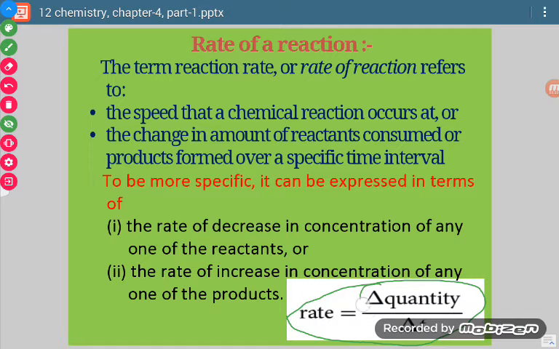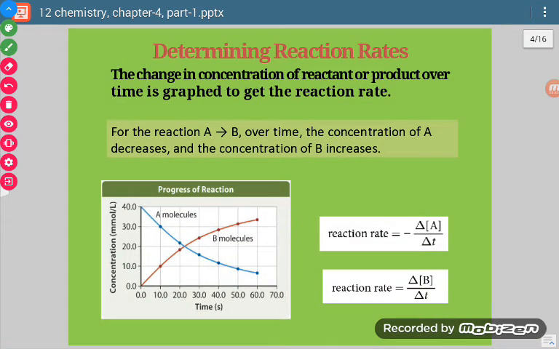Here delta stands for change in the quantity of what? If we are taking reactant, then also it may be, if we are taking products, then also it will be. So the change in the quantity is to be divided by change in time. Okay, so this formula will be used for determination of rate of a reaction.